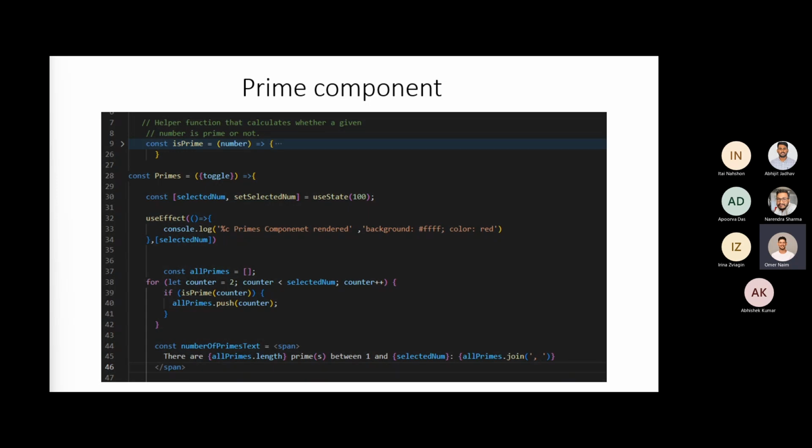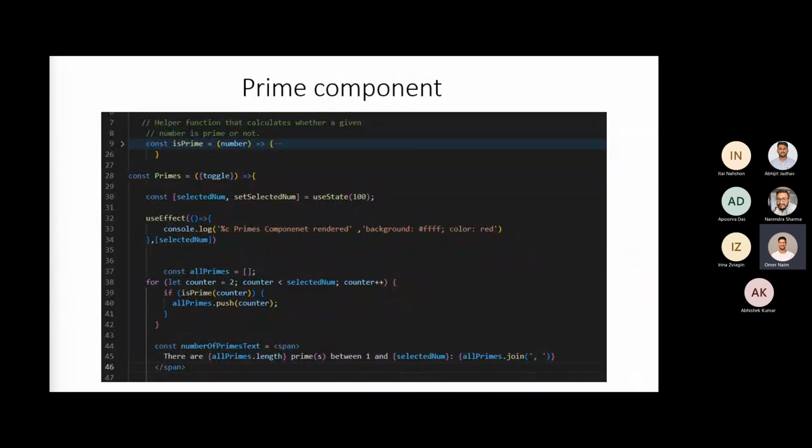Again, I will go one by one so all of you can understand the code. In line number 9, we have this prime function, which calculates if the given number is a prime number. In line 28 I have the declaration of the function that gets the toggle prop from outside.